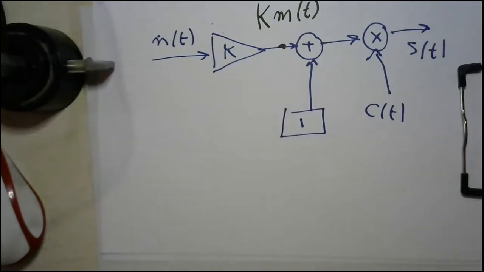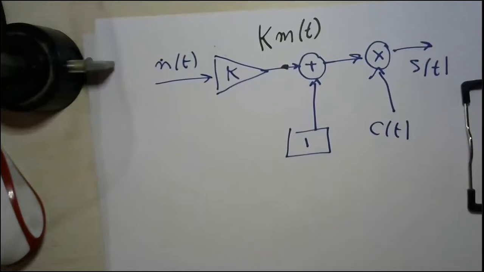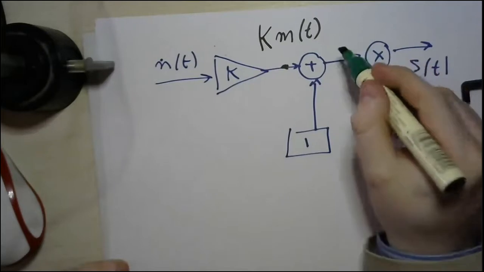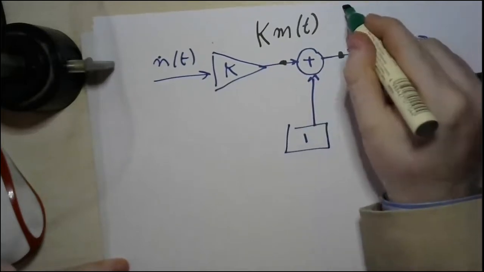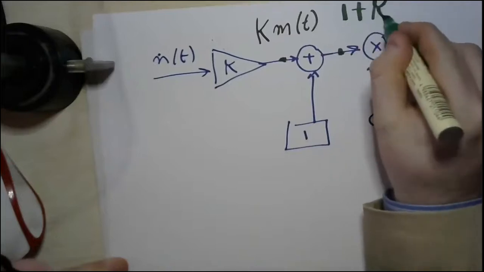One more step: you add 1. Okay, now at this stage it is 1 plus k m(t).